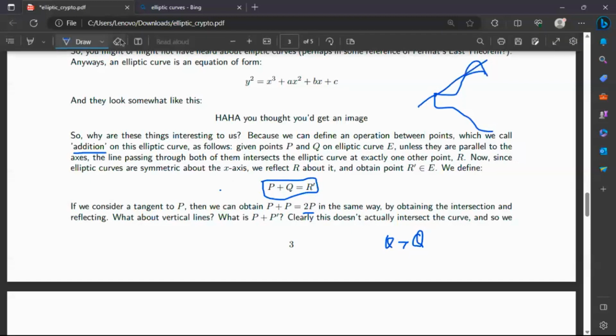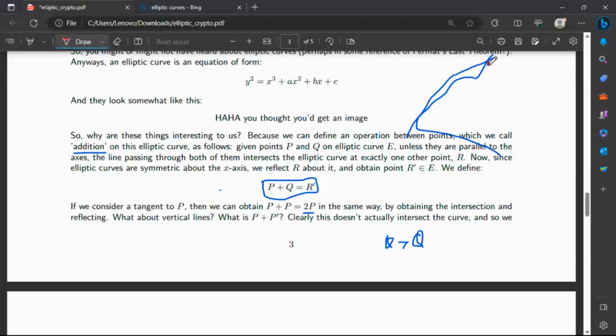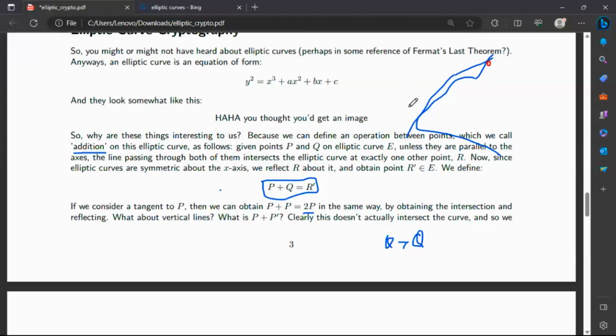Okay, it will be better if I redraw this. So we have an elliptic curve and we have a tangent, and the elliptic curve is like this maybe. So the point at which this intersects is yet again R dash.